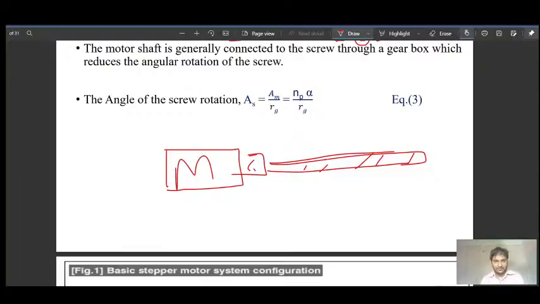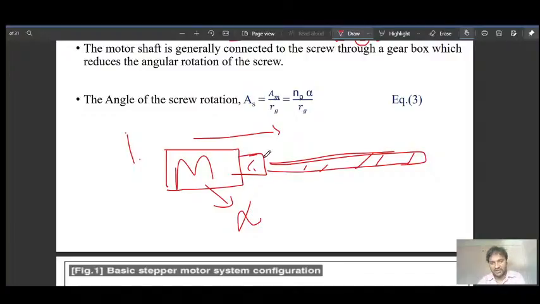Okay, so if the motor receives one pulse, take it as very simple, one pulse, through gear reduction, in one pulse, how much will the motor shaft rotate? One step angle, say alpha. In one pulse, the motor will rotate alpha angle.